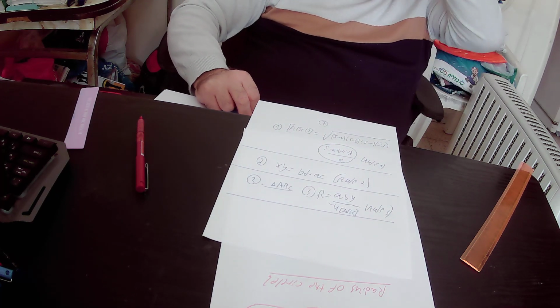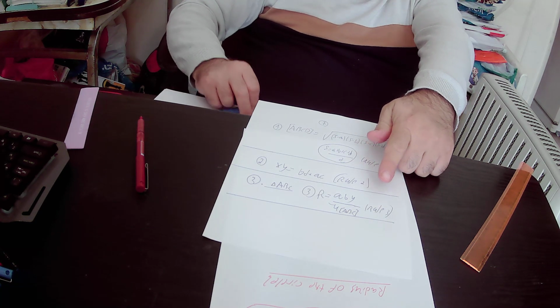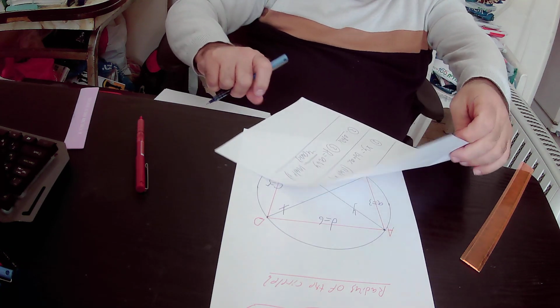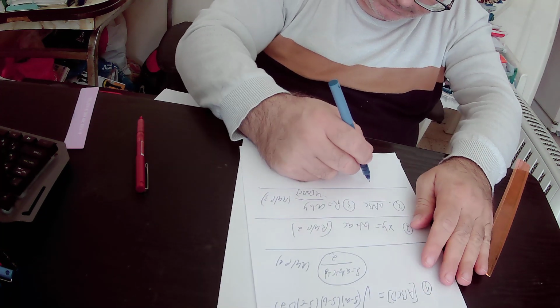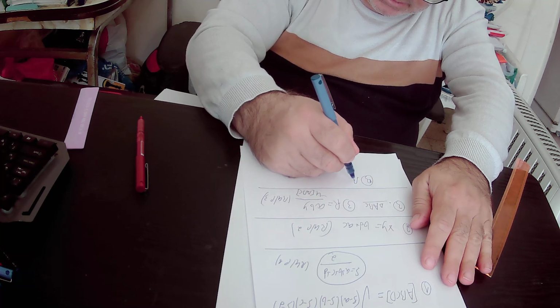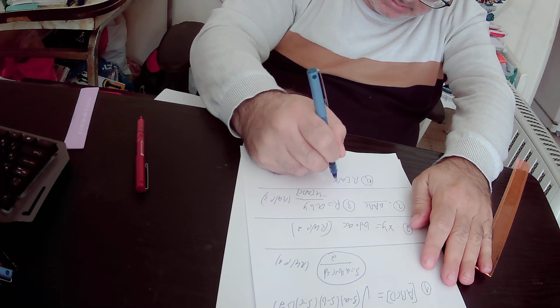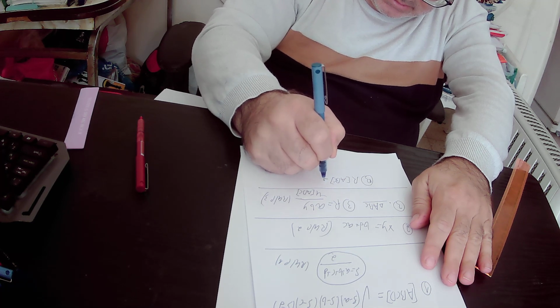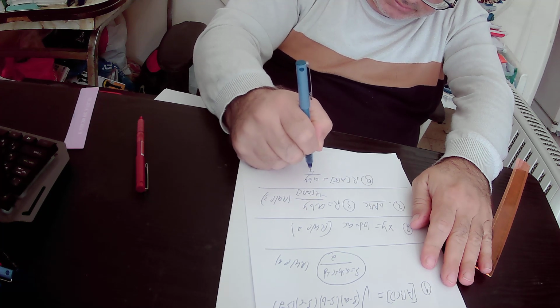Okay, here we will multiply equation number 3 by the area of triangle ABC, and we will get that R times the area of triangle ABC equals ABY over 4.